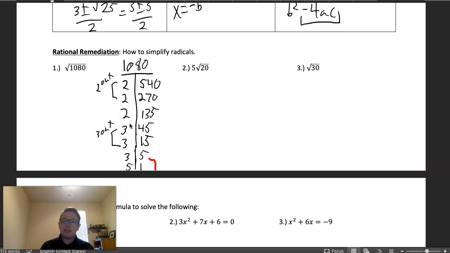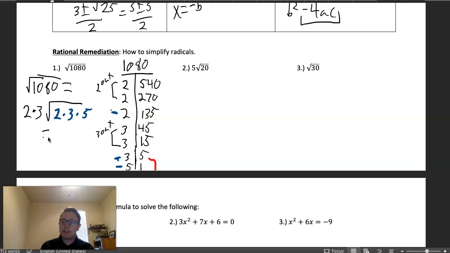All the other numbers stay inside, meaning that when we do this, to simplify, the square root of 1080 is going to be equal to 2, because we pulled out a 2, we pulled out a 3, and we're left with the square root of whatever remains. So whatever remains, we have a 2 here, we have a 3, and we have a 5. So this is going to be 2 times 3 times the square root of 2 times 3 times 5.